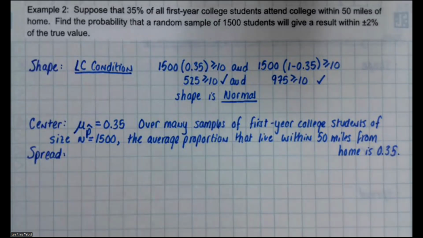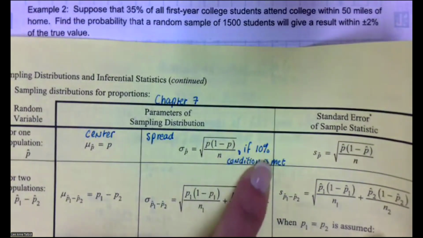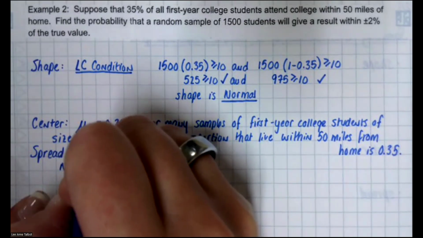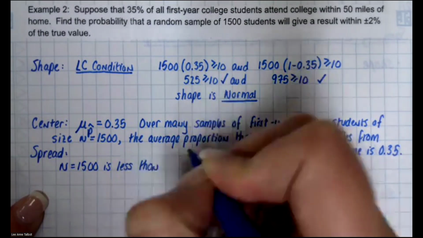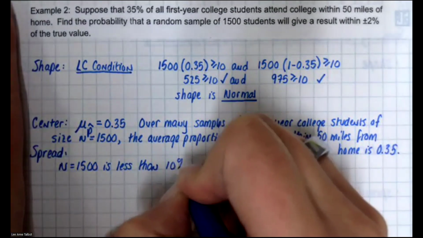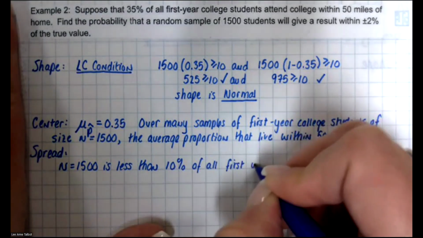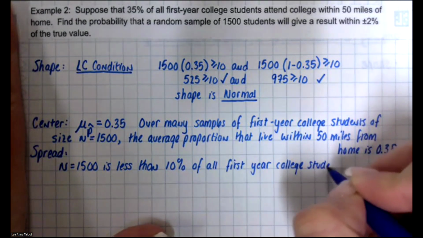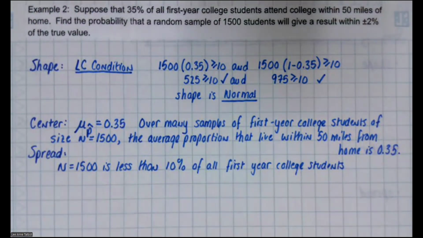Spread. Okay, so I go to my yellow sheet and I say, okay, this is my spread formula if the 10% condition is met. I need to check that first. So think about what we wrote.